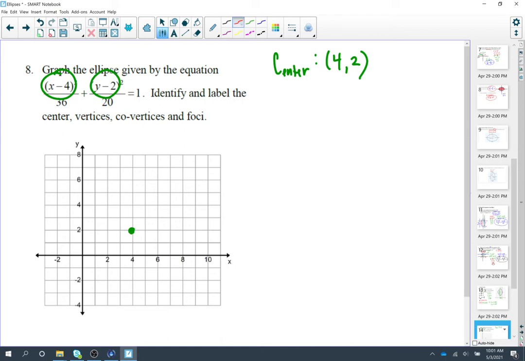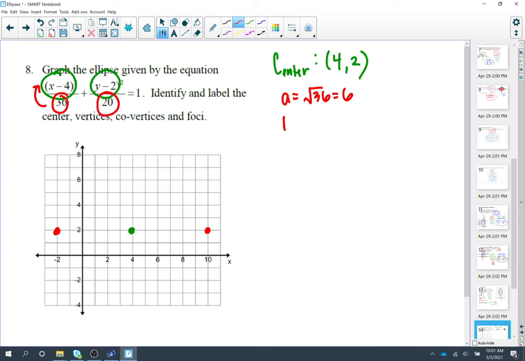Next thing I'm going to look at is my A and my B. A is always your larger one, in this case 36. So the square root of 36 is going to give me 6. Now that is underneath the x, so we stay parallel to our x-axis and we go out 6. 1, 2, 3, 4, 5, 6. And then left 6. 1, 2, 3, 4, 5, 6. So we know those are our vertices.